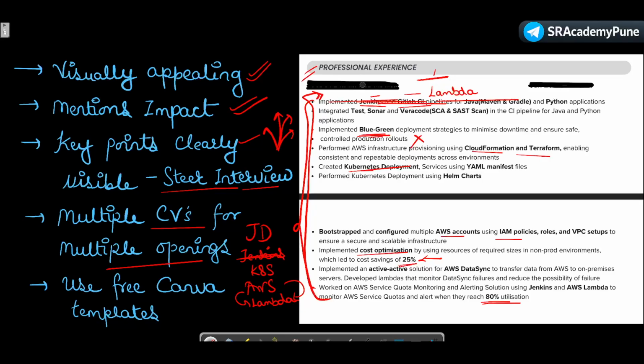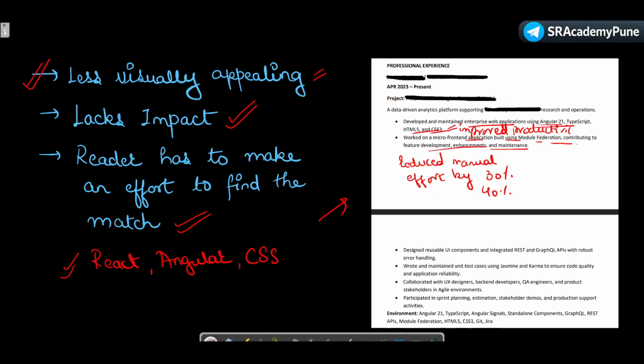And where did I create this template? I used Canva, and Canva has multiple free templates for CVs or resumes. I have shown you with an example how a CV should not be, in my opinion. Sometimes that may work, but my aim is to improve your chances as much as possible.